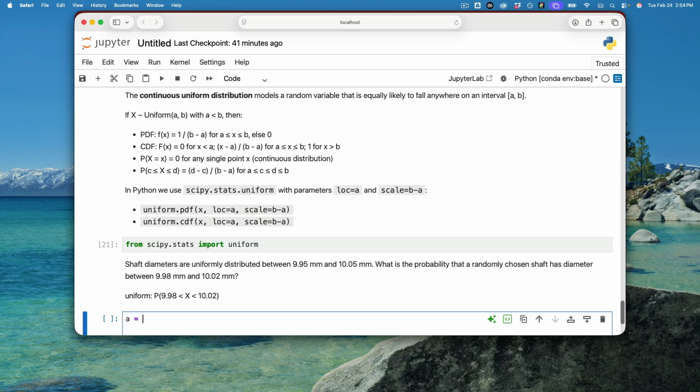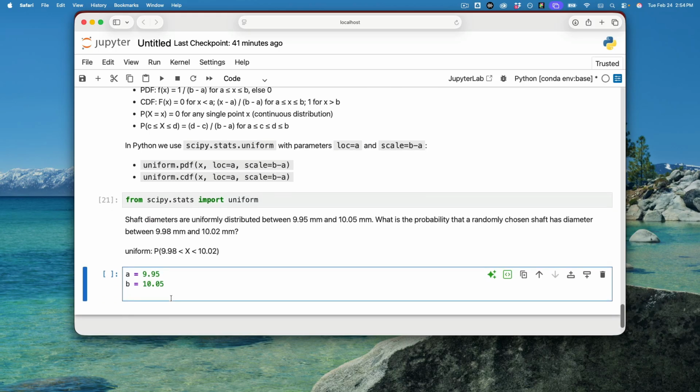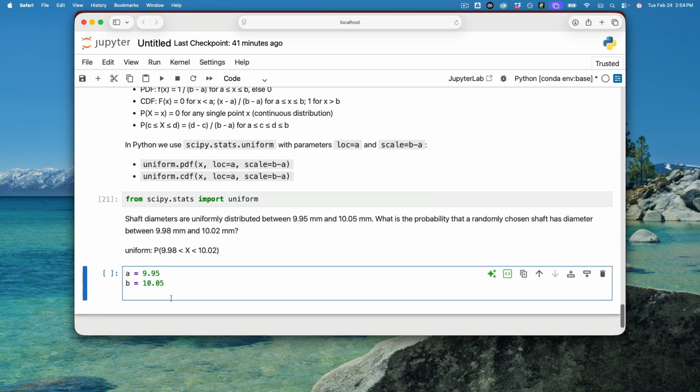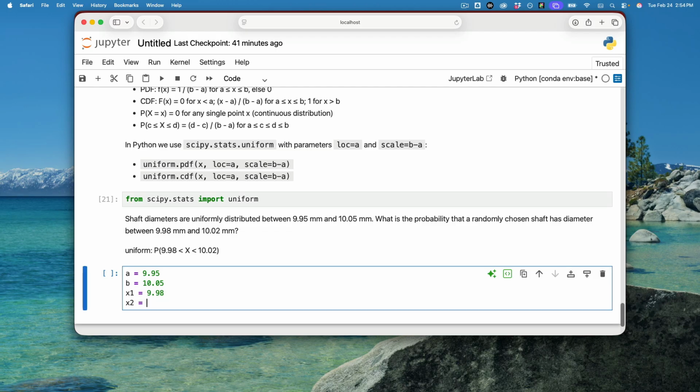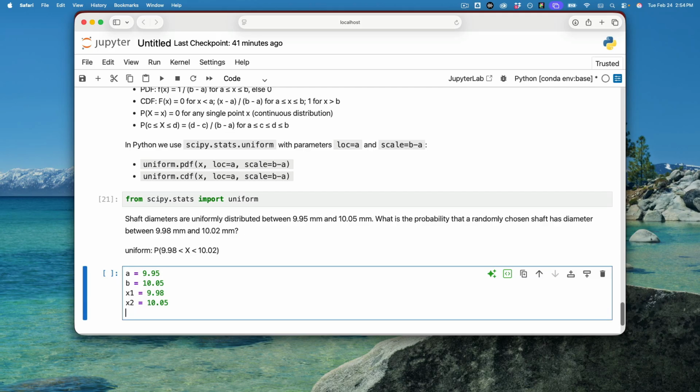Then we can do A is equal to 9.95, and B is 10.05, and so that defines my uniform distribution. Then x1 is 9.98 and x2 is 10.02. So that's what I want to find the probability for.